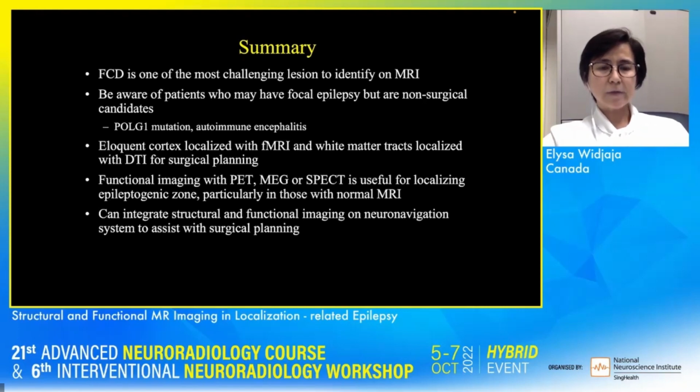MRI can also be used to help localize the eloquent cortex, such as with fMRI, and for localizing the eloquent white matter tracts, such as with DTI tractography. Functional imaging, such as with PET, MEG, or SPECT, can be used for localizing the epileptogenic zone. These imaging modalities are recommended in those with normal MRI.